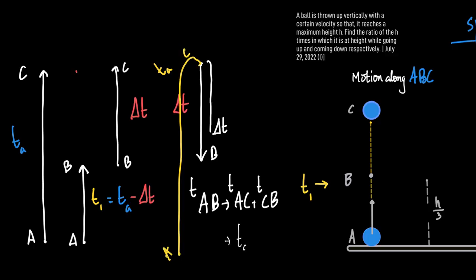What is T of AC? It is TA. What is T of CB? It is delta T. So we have two times, TA minus delta T and TA plus delta T. Does that make sense? Okay.